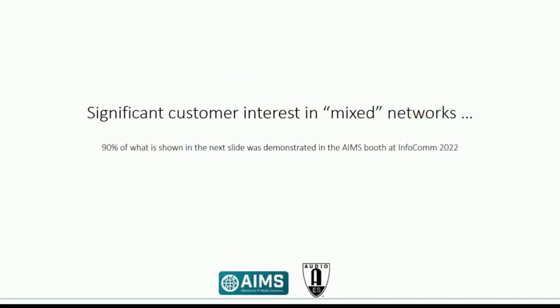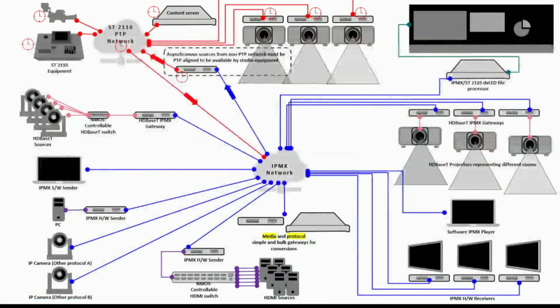So there is significant customer interest in these types of mixed networks. Particularly larger organizations have studio equipment, but also have to deal with a significant amount of signal distribution throughout their facility. So this is what that might look like. You might have a red network or a PTP network operating all of your SMPTE 2110, quite often, uncompressed signals.